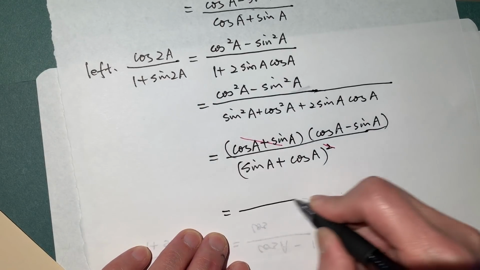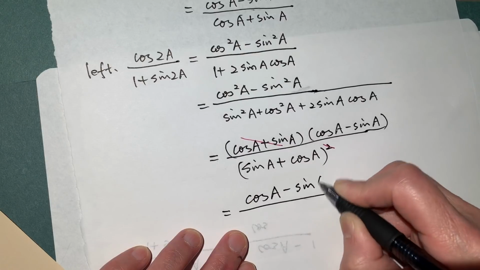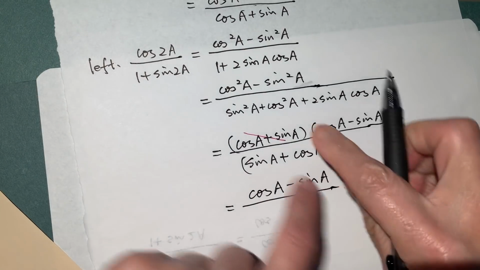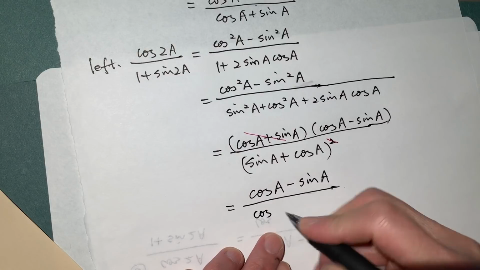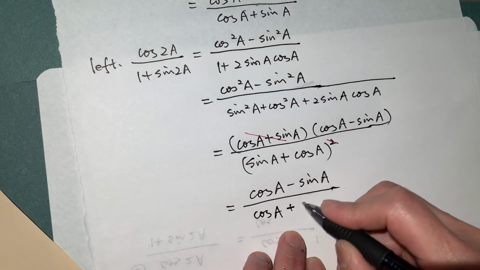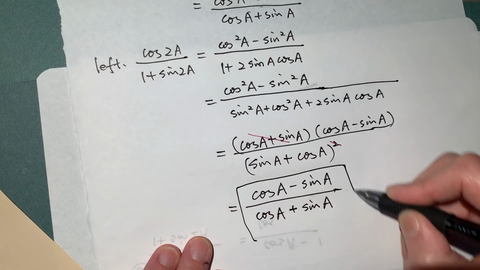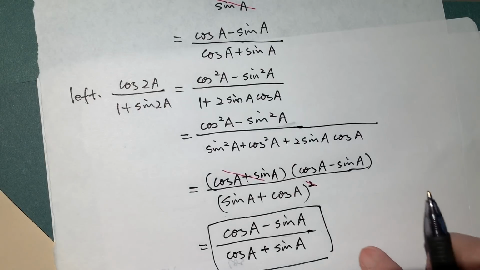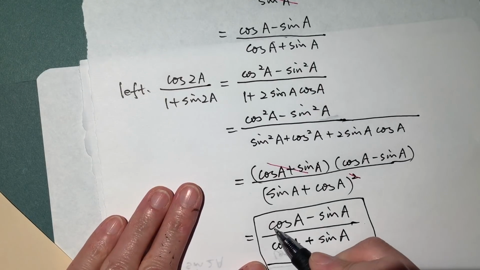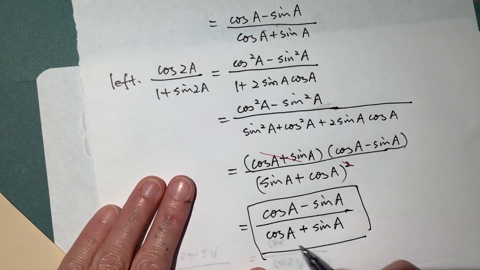So it becomes cosine a minus sine a over, I will write it because it's addition, you can write first cosine or first sine. So on the left side, we prove it equals cosine a minus sine a over cosine a plus sine a.